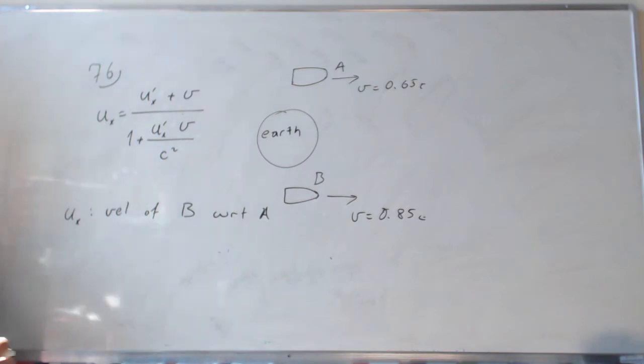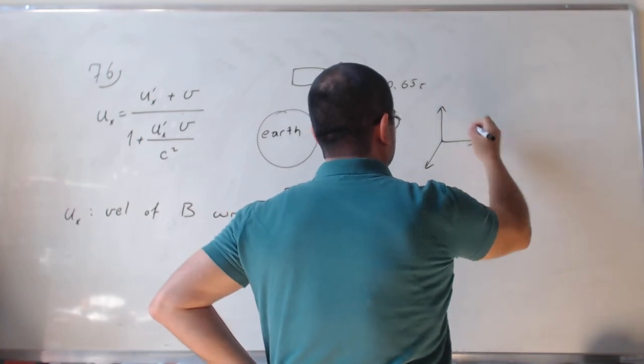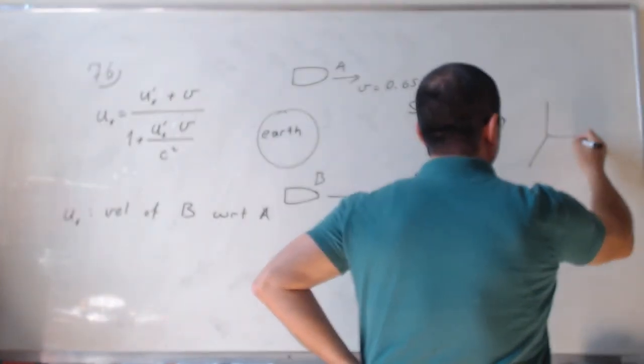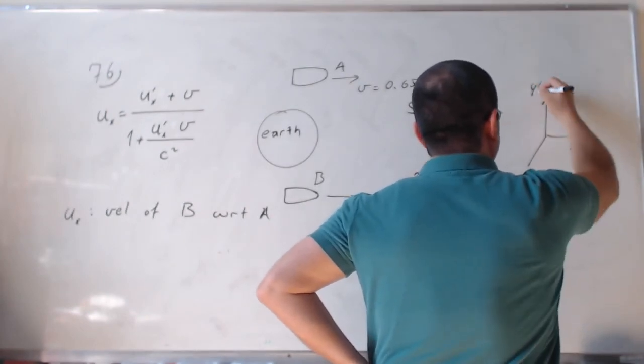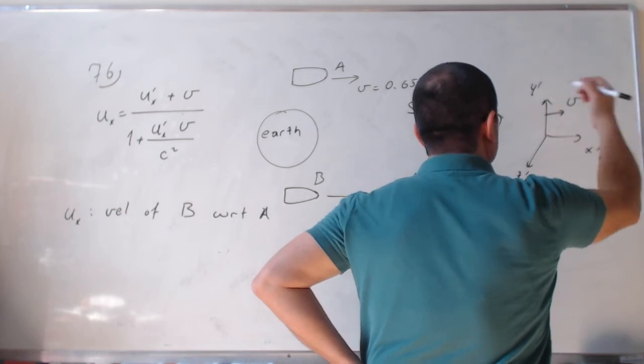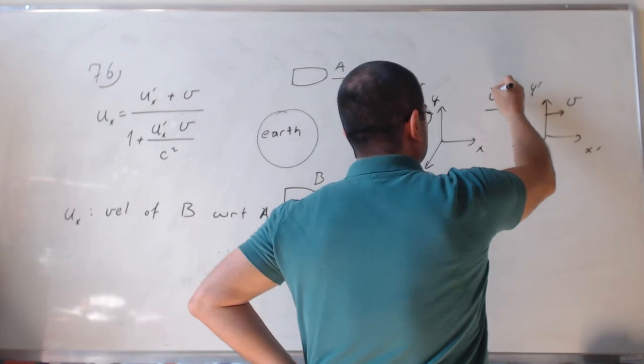So if we draw our coordinates, what does this look like? This is x, y, z, let's say for the reference frame S, and we have x prime, y prime, z prime, and this reference frame is moving with some velocity v in the positive x direction, and we have some velocity u, right?